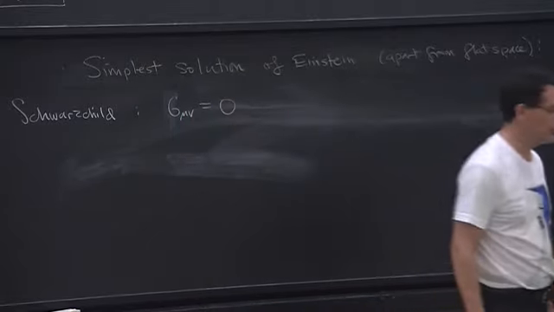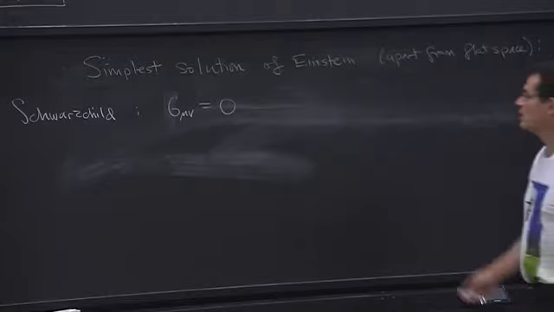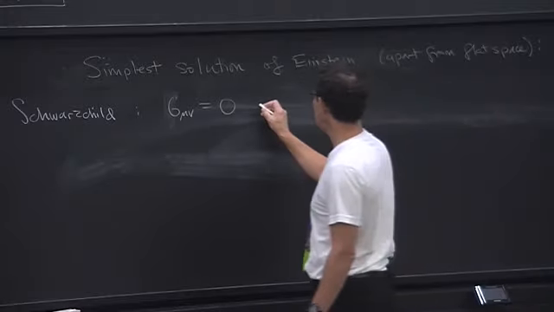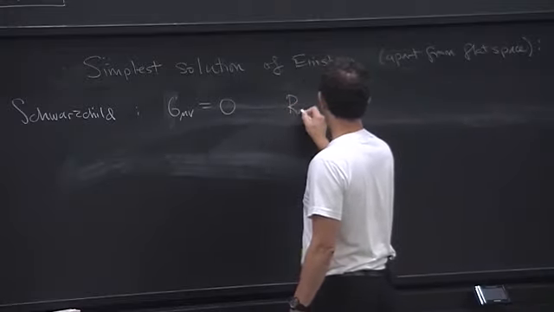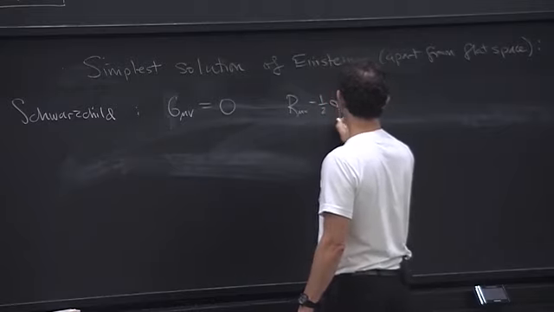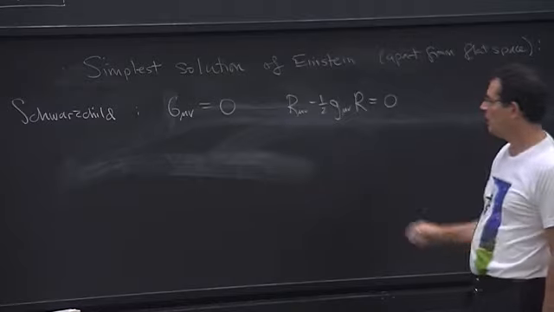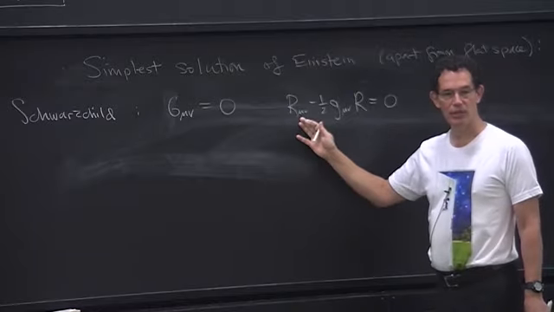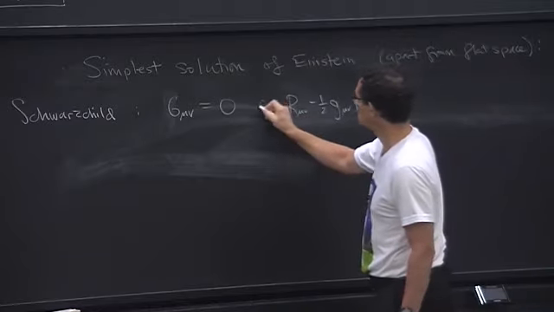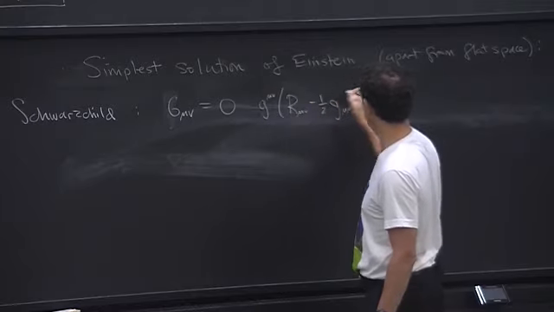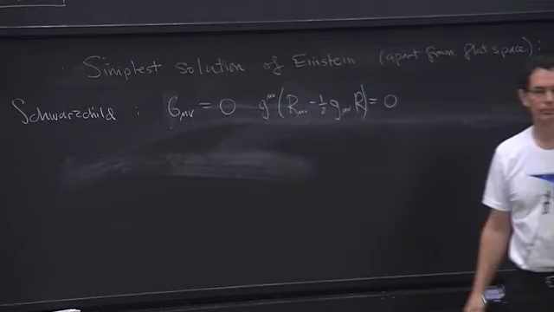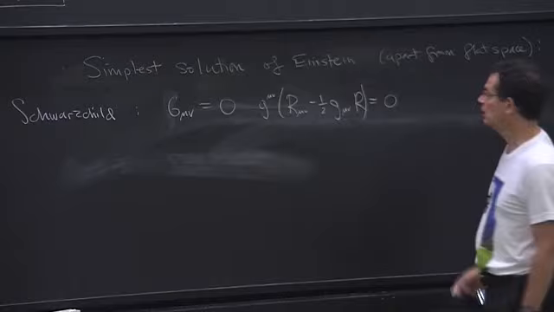Are there any non-trivial solutions of this equation? Now, G_mu nu is R_mu nu minus 1/2 g_mu nu R equals 0. But if this equals 0, I can take the trace of this equation. I can multiply it by g^mu nu. That must be 0.